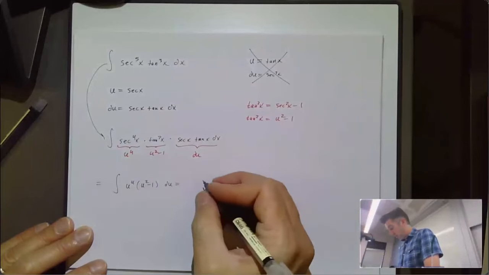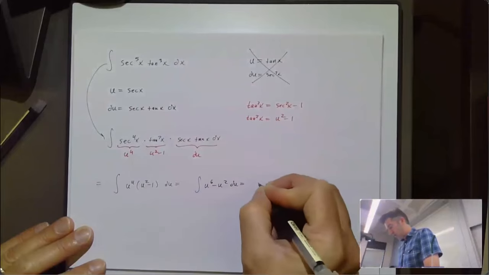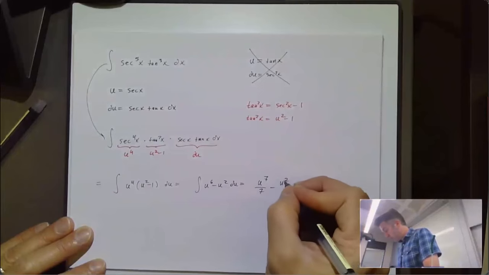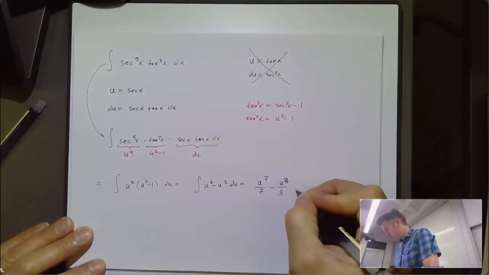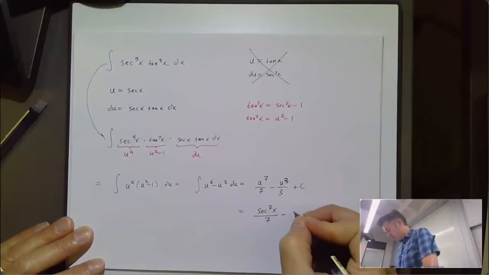Multiplying it out, if we're integrating, we're going to have the integral of u to the 6th minus u squared, which will then be u to the 7th over 7 minus u cubed over 3 plus c, which will then be secant to the 7th x over 7 minus secant.